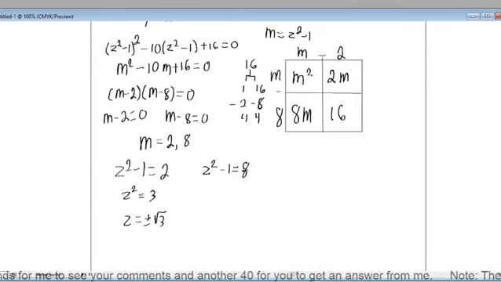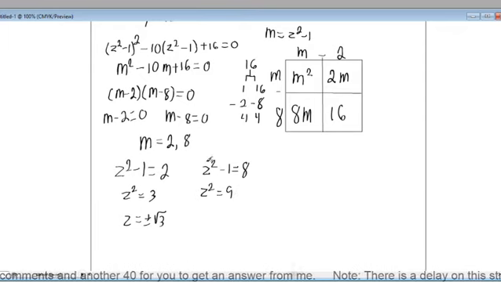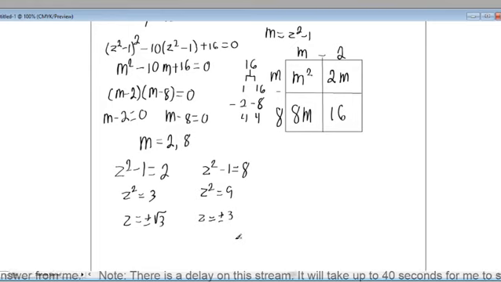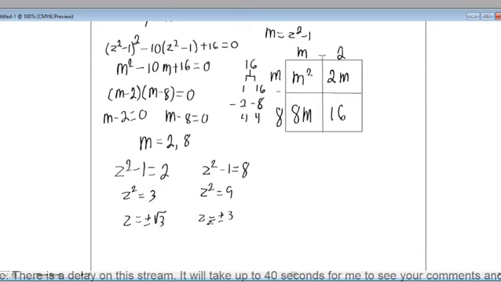So add 1 to both sides, we get z squared equals 9. Take the square root of both sides, we get that z equals plus or minus 3. And there's our 4 answers for this one. So z could be positive square root of 3, z could be negative square root of 3, z could be positive 3, z could be negative 3.